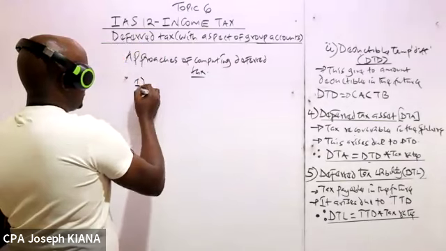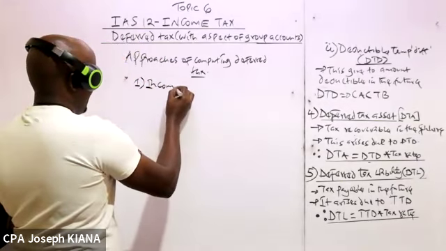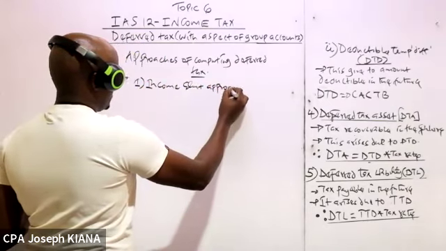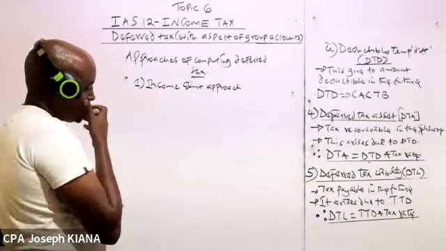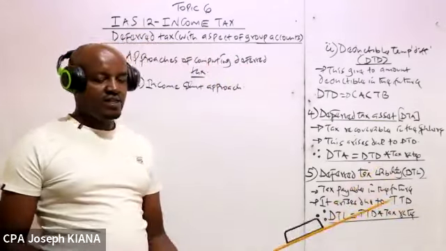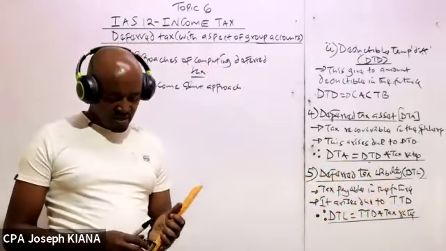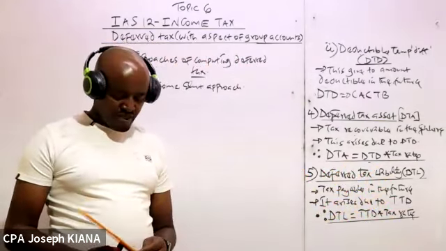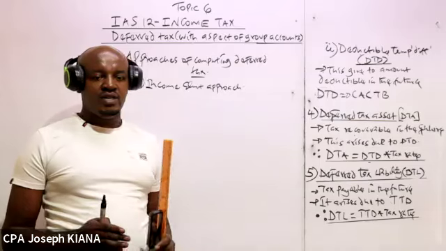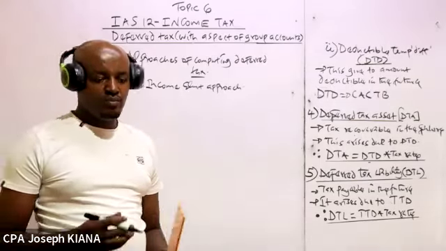The first one is called the income statement approach. Under the income statement approach, the deferred tax is determined using the timing difference. And a timing difference, we have said, is the difference between the accounting profit and taxable profit.